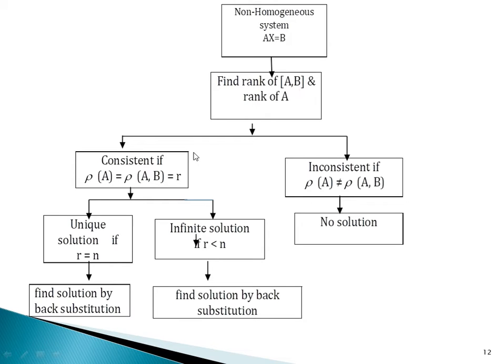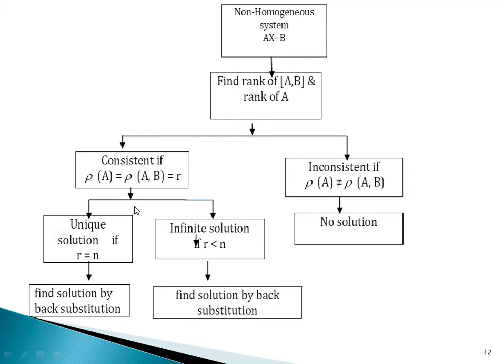Now there are two conditions. After finding rank of A and rank of AB, the system is consistent only if rank of A is equal to rank of AB, which is equal to, suppose, R. Okay, and on the other side, the system is inconsistent if rank of A is not equal to rank of AB, and if the system is inconsistent, then it has no solution. This is one side.